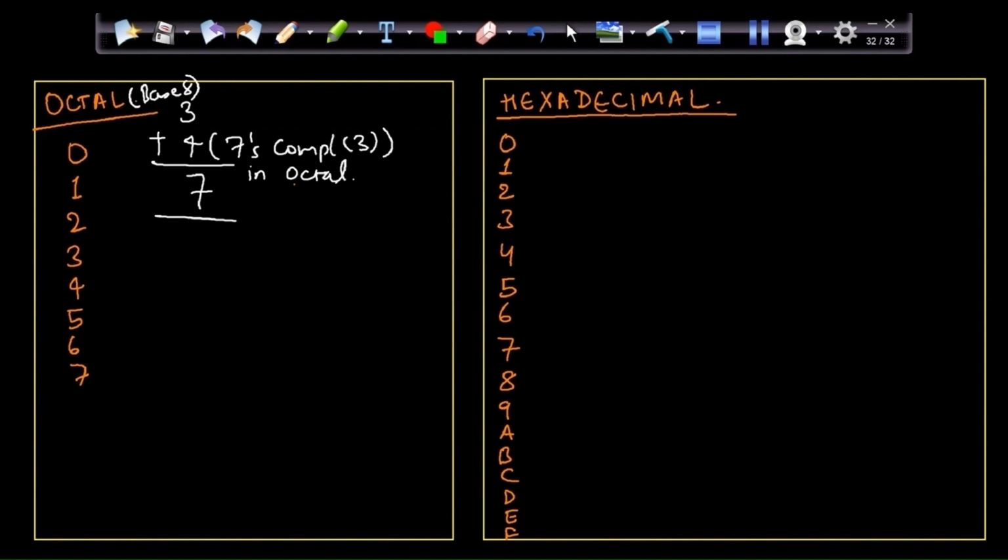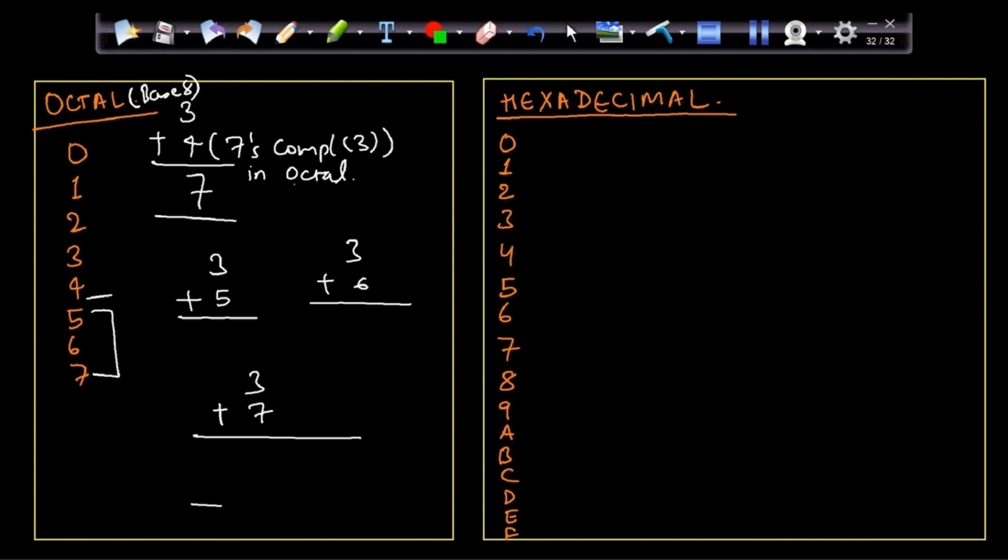Right? Now if you add any number after 4, be it 5, 6 or 7, so let me take every example: 3 plus 5 or 3 plus 6 or 3 plus 7.